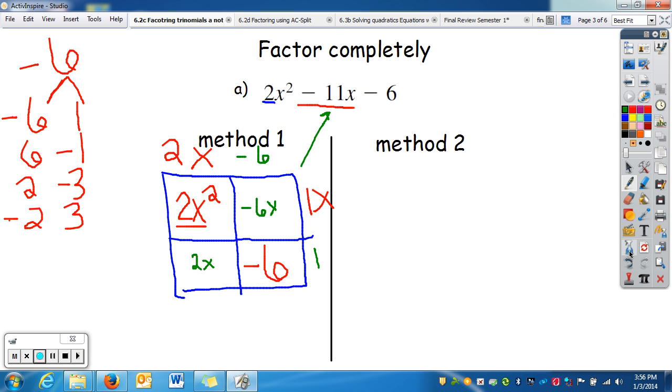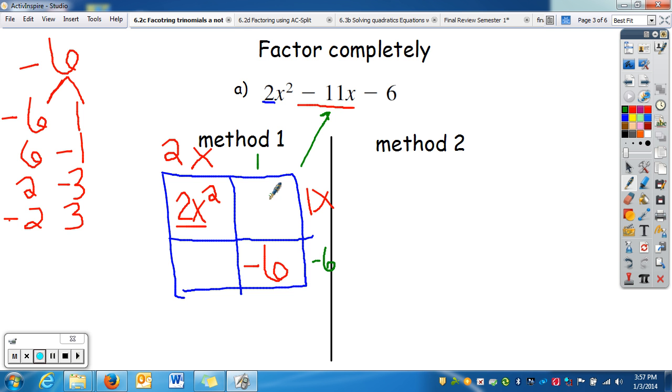So I need to erase those. Definitely want to do this in pencil. Alright, so it didn't work here. I can see if it's going to work here. So I'm going to flip them around. -6 and 1. It does matter when we have something in front whether or not something will work.